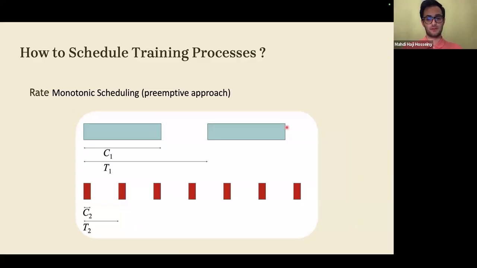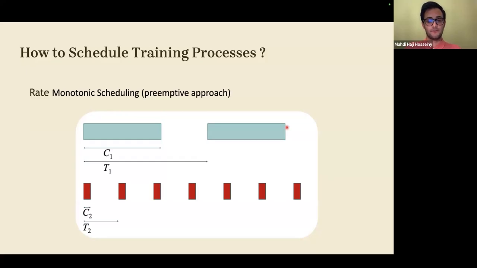Another approach to address this question is to schedule the training process using an algorithm named rate monotonic scheduling. It's preemptive, so it will preempt any task with a lower priority. For example, the shorter the period and the more frequent the tasks are, the more resources they will get. So it's important to examine their periods.